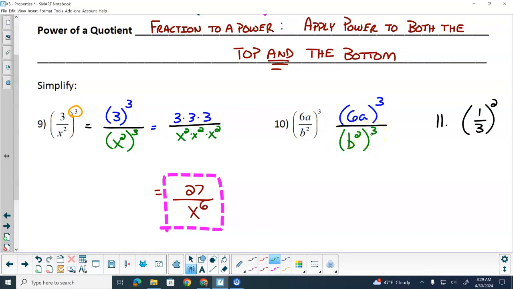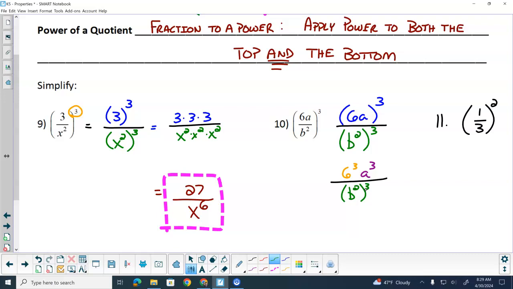Okay? So on top then, you would get 6 to the third power and a to the third power, and then on the bottom, you would still have b squared to the third power. Because that was a property, the power of a product property from last week.